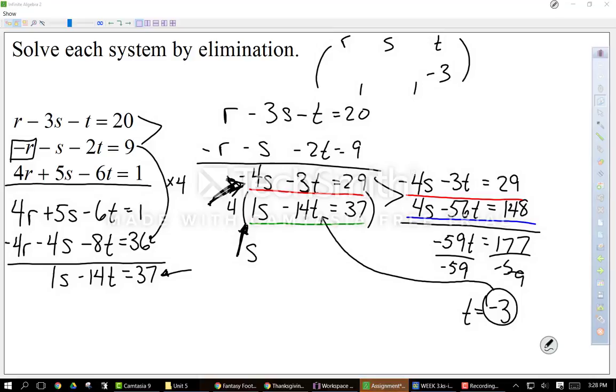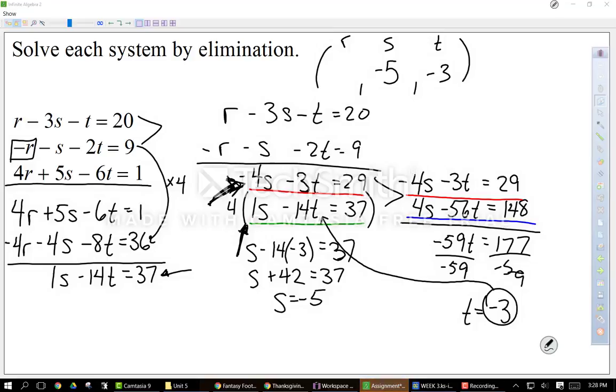So s minus 14 times negative 3 is equal to 37. S plus 42 equals 37. s equals negative 5. So we know s is now negative 5. So I have two variables solved for. The third one, I don't know what it is yet, r.